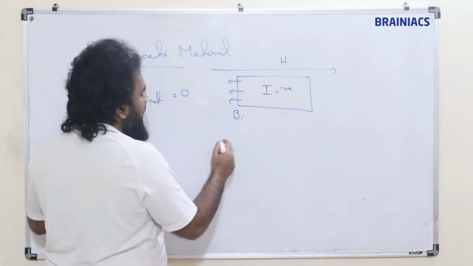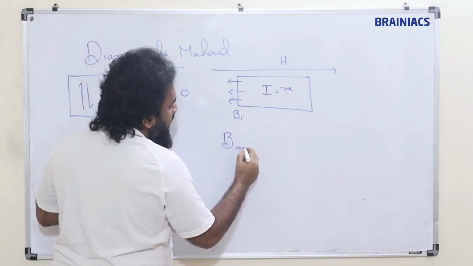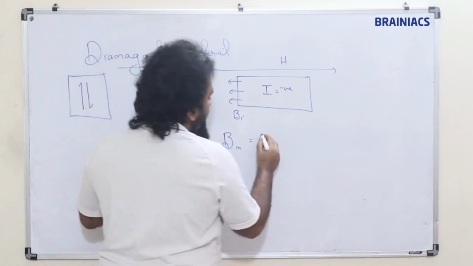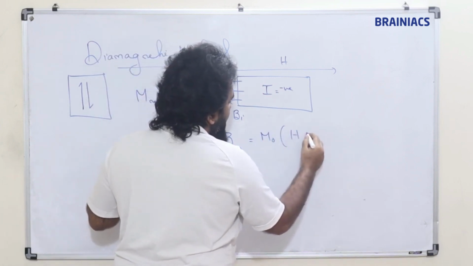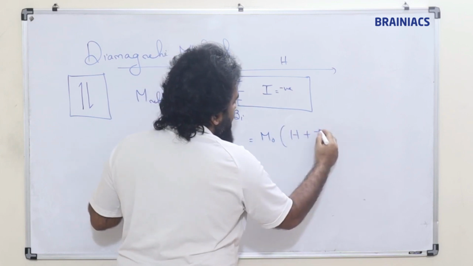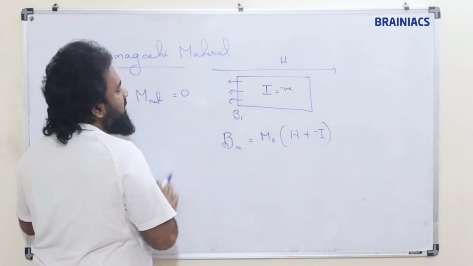Okay, so what will happen? The magnetic field in the material will be mu naught into H plus minus I. This is the general formula, but I direction is negative.